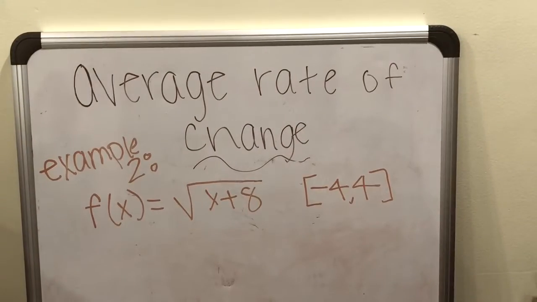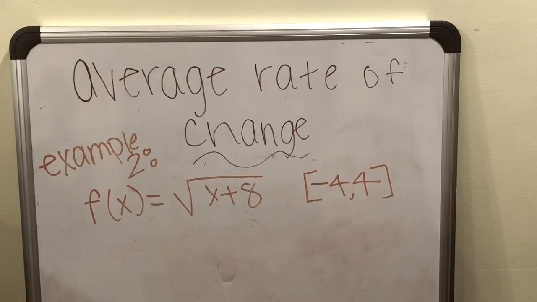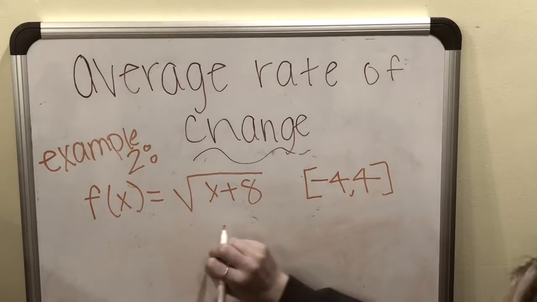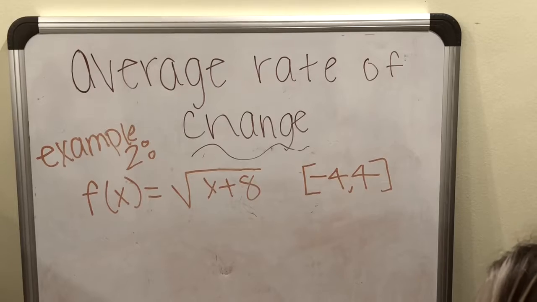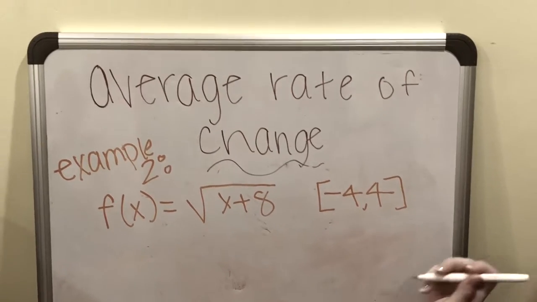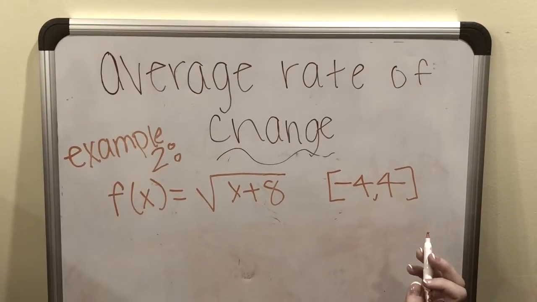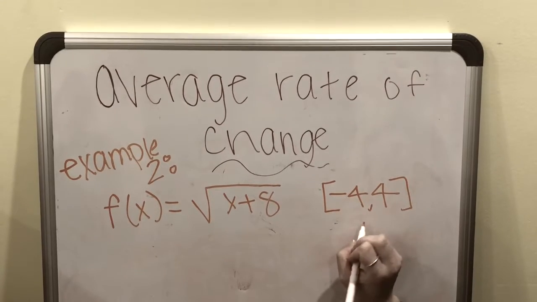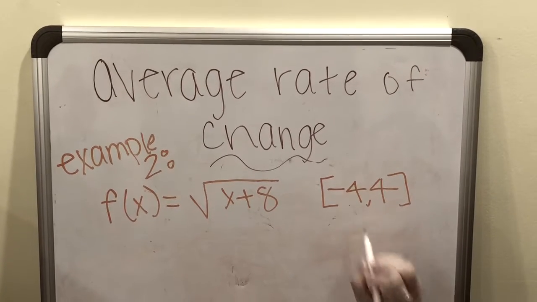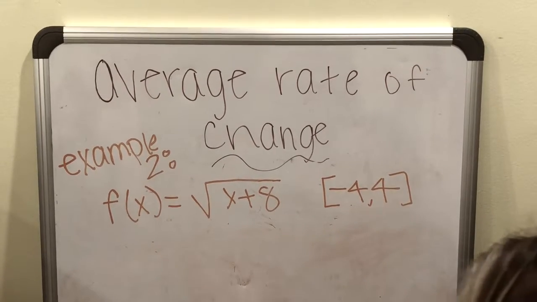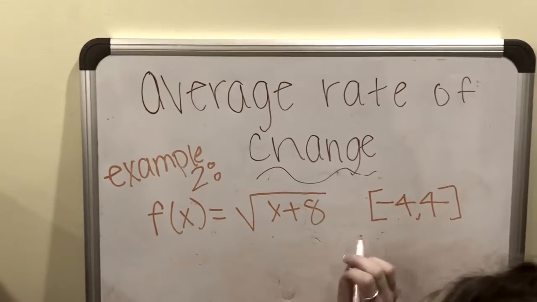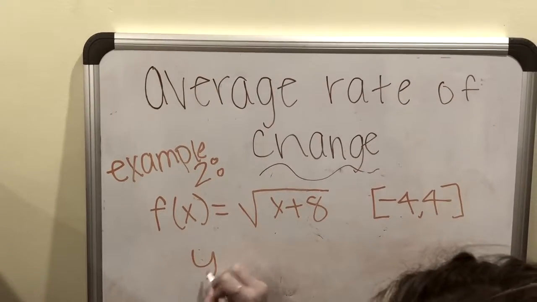For my second example, I am finding the average rate of change of f of x equals the square root of x plus 8. Just as I did in the last example, you start by plugging in your first value in for x, and you set this equation equal to y.